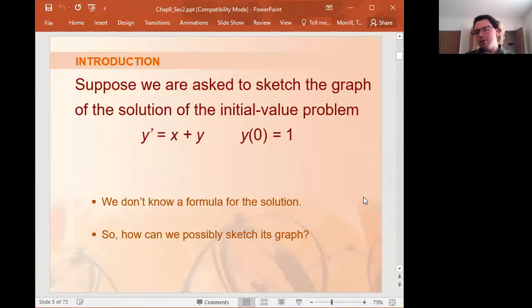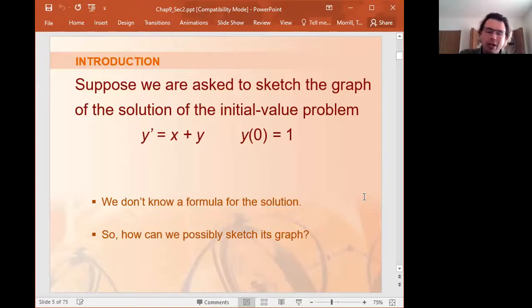And we could try integrating this maybe, although this one, y prime equals x plus y, is not separable. Well, we can try other ways of approximating the solution.